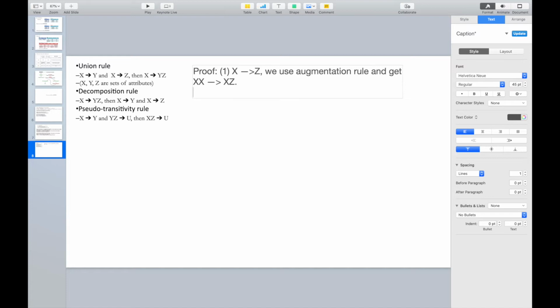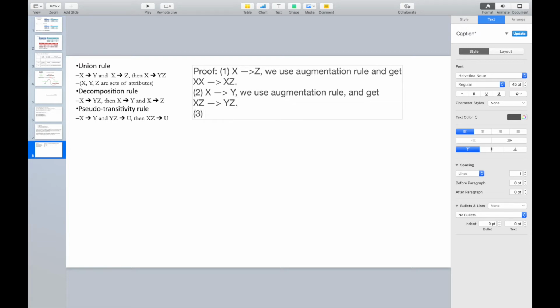We can also get X implies Y. And we can further use the augmentation rule and get XZ implies YZ. You can follow this, right? We add Z to both the left-hand side and the right-hand side. This is the second one we can get.